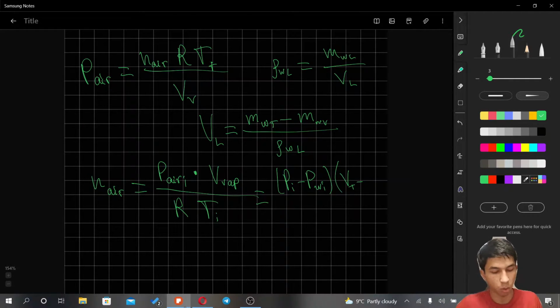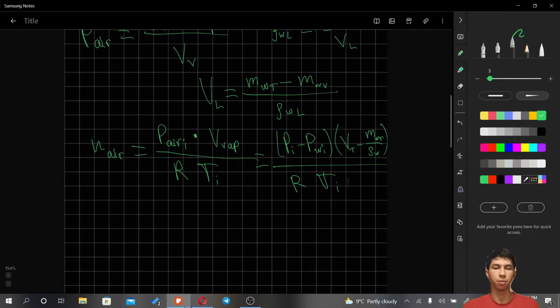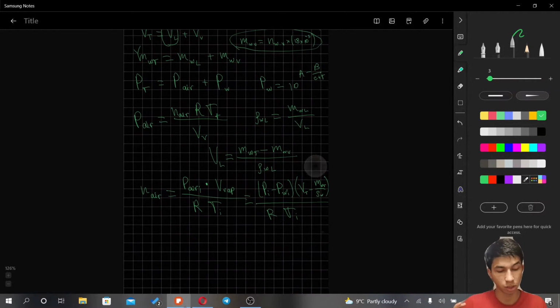We know that the volume of the liquid equals this equation, but in the initial stage we didn't have any water in vapor state, so it would just be mass of the water total over density of the water, over R temperature initial, right? So we have our next equation.